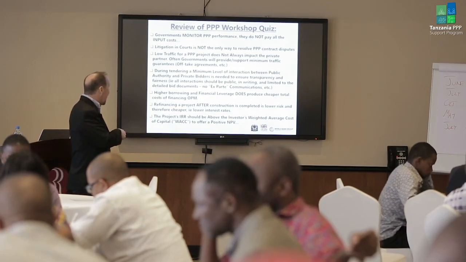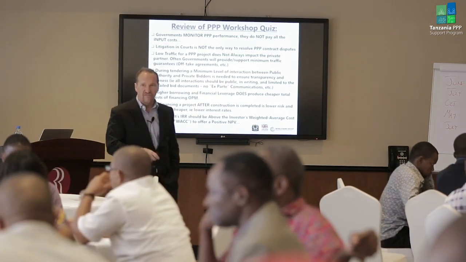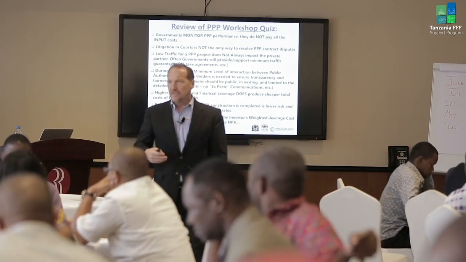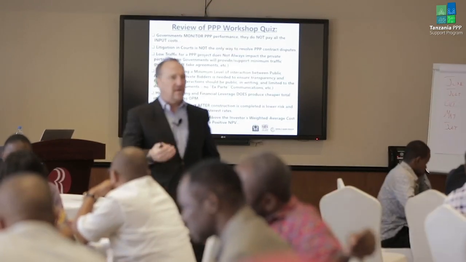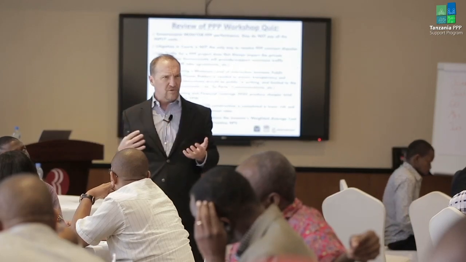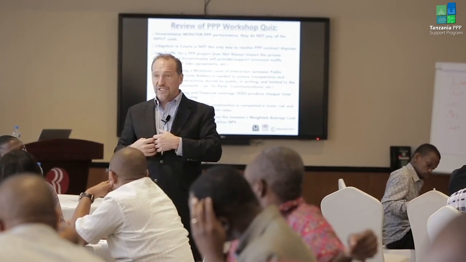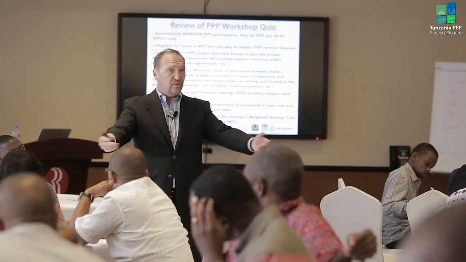Let's see, fifth here. Higher borrowing and financial leverage does produce cheaper total costs of financing. One of the reasons why we expect that infrastructure projects are leveraged: why do we borrow money to finance infrastructure projects? Why not just fund it all with our own equity?